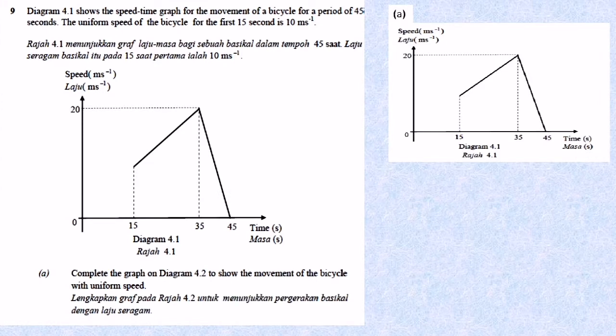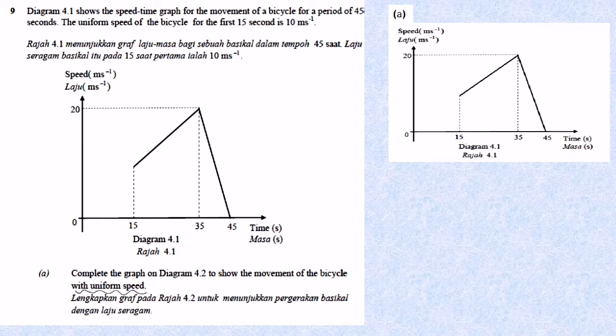Question number 9, diagram 4.1 shows a speed time graph for a movement of a bicycle for a period of 45 seconds. The uniform speed of the bicycle for the first 15 seconds is 10 meters per second. A. Complete the graph on diagram 4.2 to show the movement of the bicycle with uniform speed.